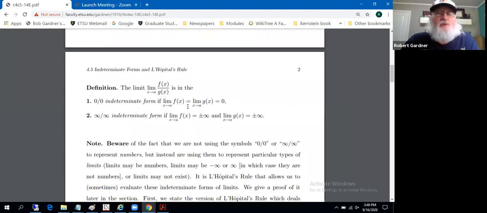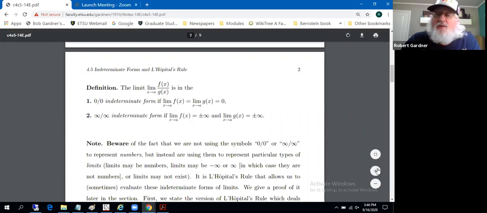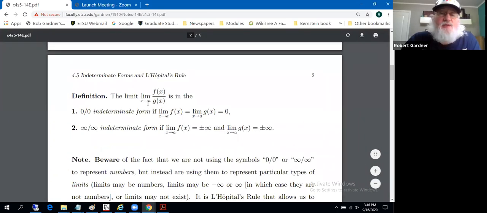A definition, we're defining a form of limit, just to give it context. The limit as x approaches a of f of x divided by g of x is in the 0 over 0 indeterminate form if the limit as x approaches a of f of x equals the limit as x approaches a of g of x also equals 0.